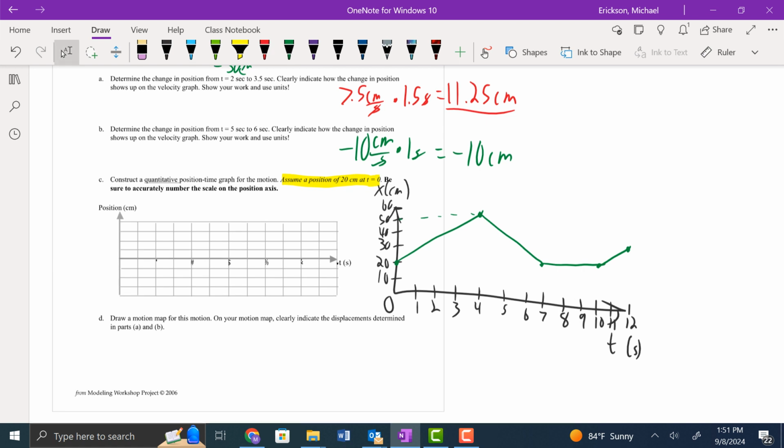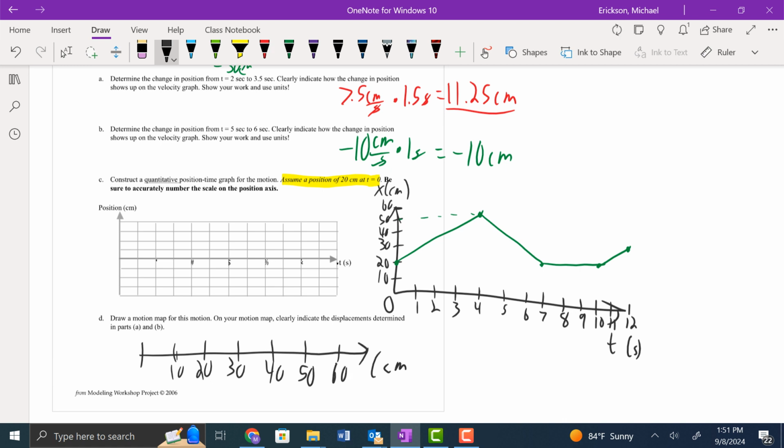All right. Last thing we're going to do, motion map. So I've got this motion map. I'm going to go by increments of 10: 20, 30, 40, 50, 60. I'm going to say the units are centimeters down here. Great. I start at 20, and basically I'm going to get to about 50, going 7.5.